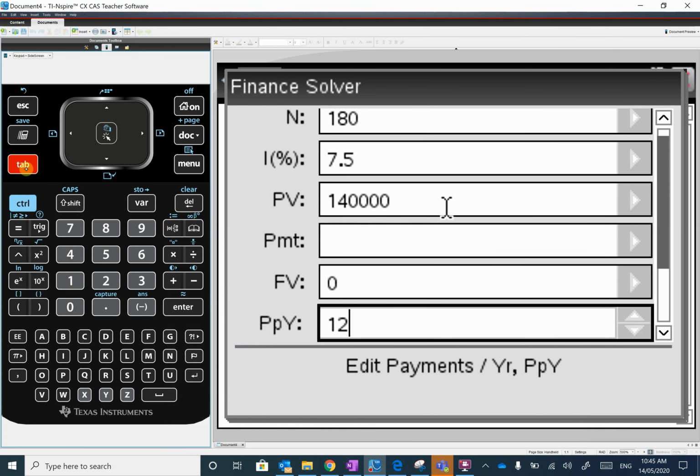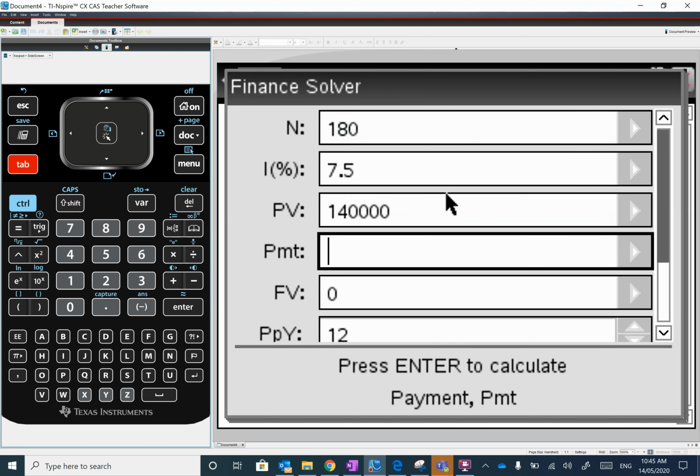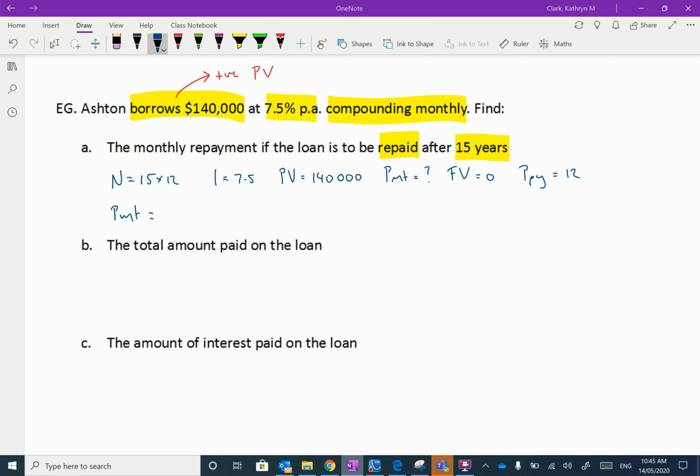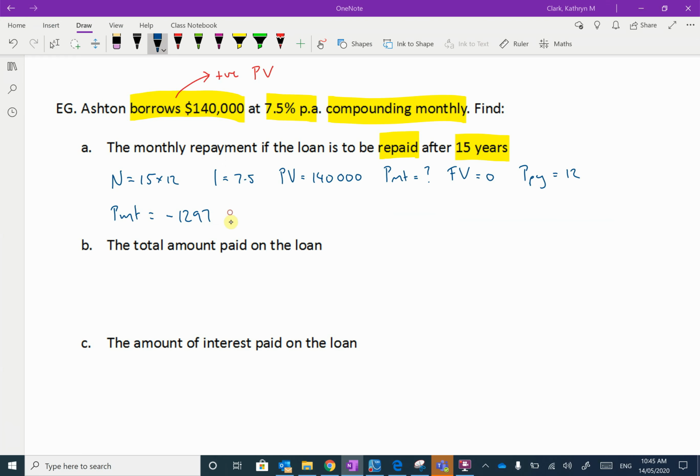Future value is being paid off. Yep, 12. All right, so I'm going to put my cursor in the payment section and press enter. The payment should be $1,297.82. Remember, for money there should always be two decimal places. So negative 1297.82.